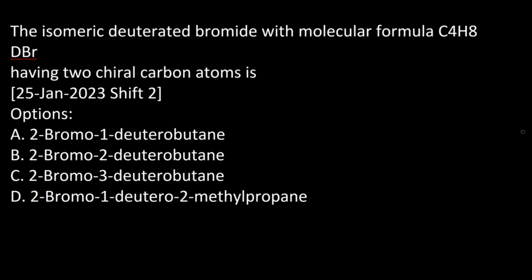And the next one, the isomeric butyl bromide with the molecular formula C4H8DBr having 2 chiral carbons. So let's start trying this one by one. 2 bromo, this is butane, 2 bromo, 1 deutero butane. 2 bromo, 1 of those hydrogen here is deutero, butane.